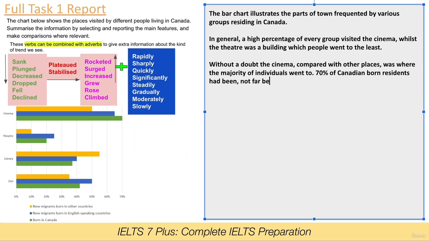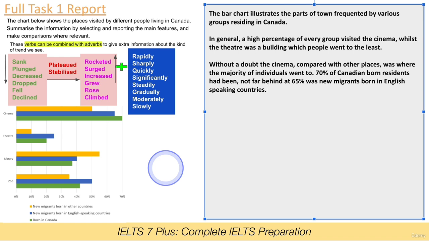Not far behind at 65% was new migrants born in English-speaking countries.